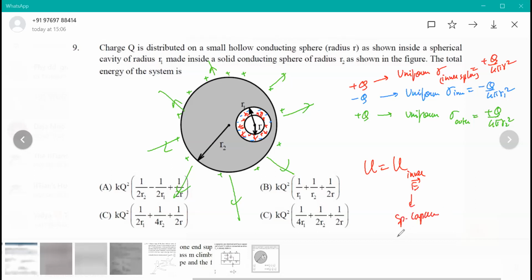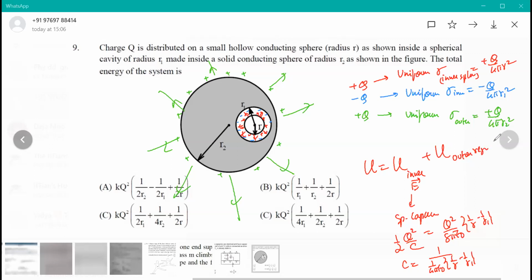Okay, so half q square by c, where that c will be 1 by r minus 1 by r1. So this will become q square by 8 pi epsilon naught, 1 by r minus 1 by r1, plus the energy in the outer region.